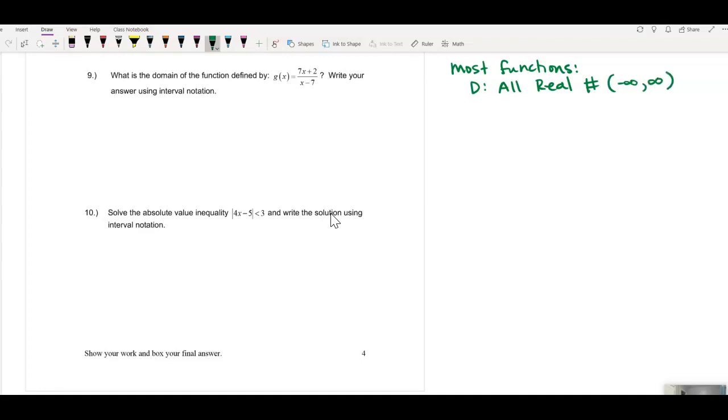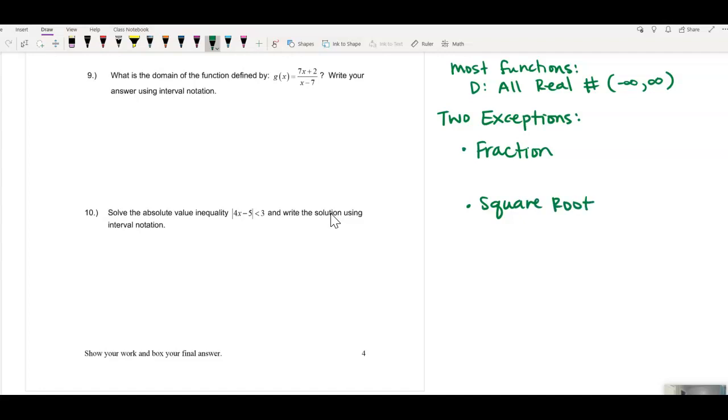Usually, any function is going to be that way, but there's 2 exceptions, okay? So these are our 2 exceptions. One is if you have a fraction, and the other is if we have a square root.